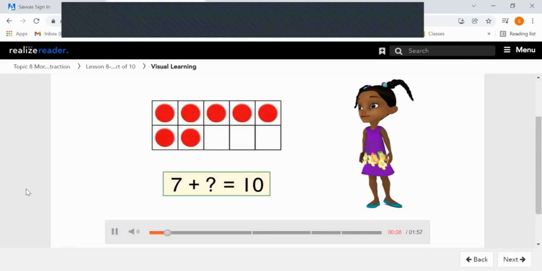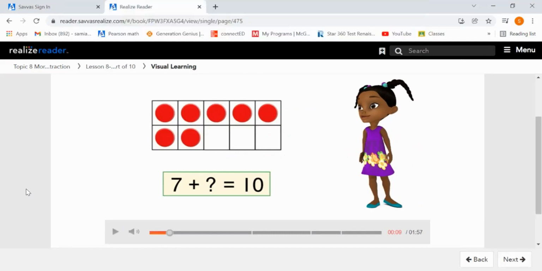What can you see in the picture? I see some red counters and a 10 frame. And there's an equation with a number missing. You see red counters and a 10 frame. You also see an equation with a number missing.